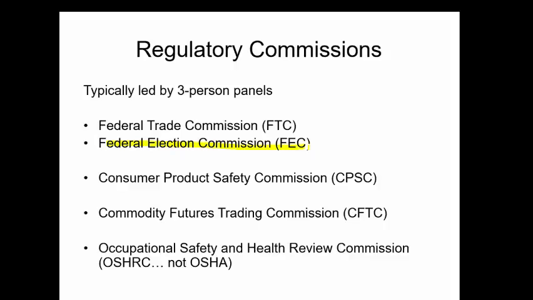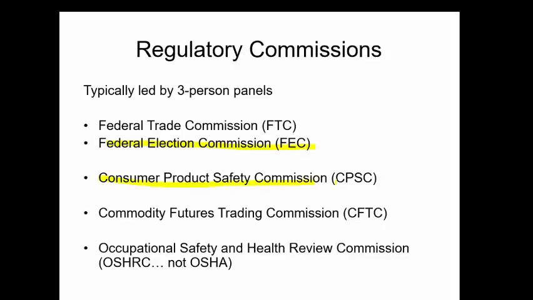The Federal Election Commission is overseeing, even though each state is responsible for its own elections, a federal oversight and regulatory arm for all the states to somewhat coordinate in some respects their election systems.